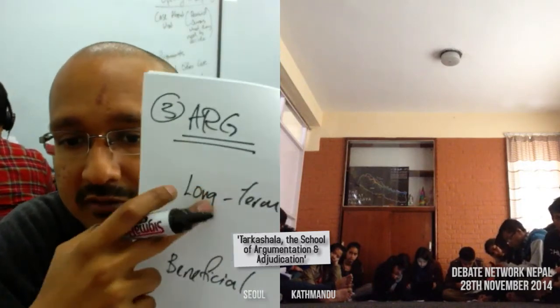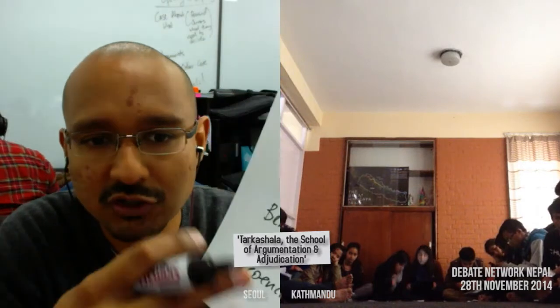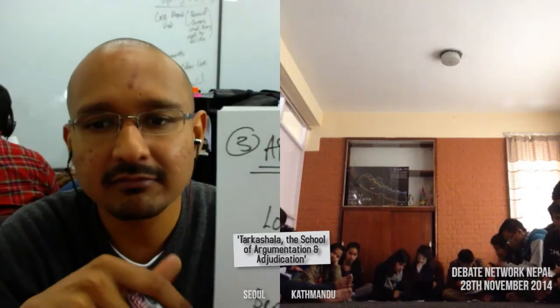Okay, so you generate as many arguments as you can in your case construction, and then you prioritize your arguments. Okay, so step one is generate arguments, as many arguments as you can. Step two is we prioritize them, right? So what do we prioritize them by? Based on what we want to achieve, right?